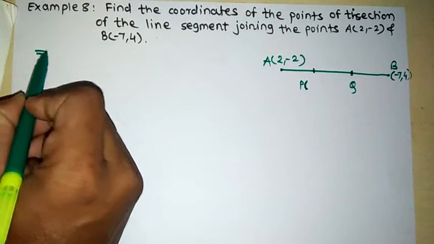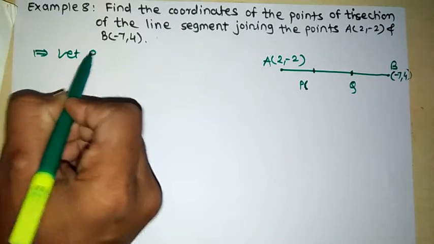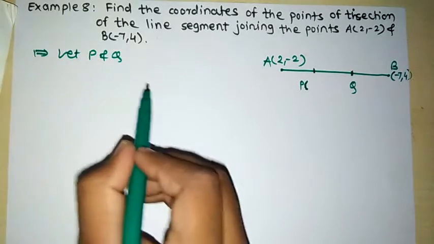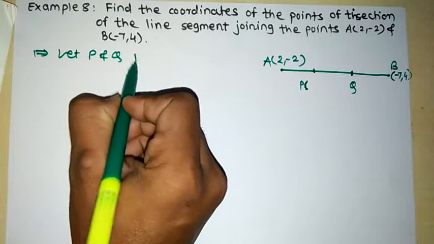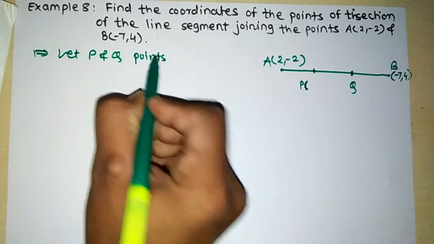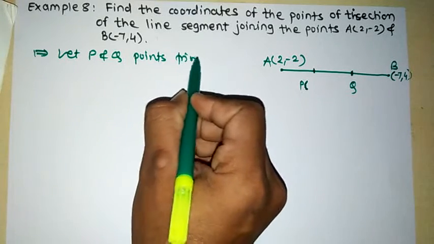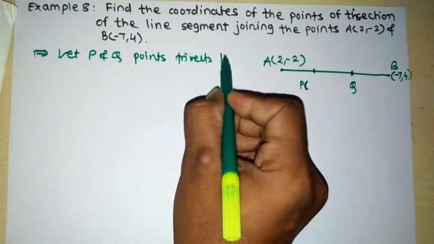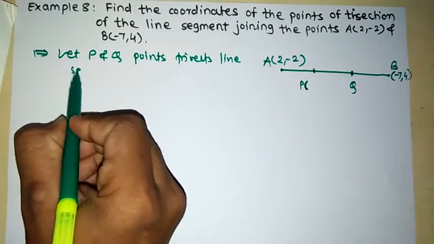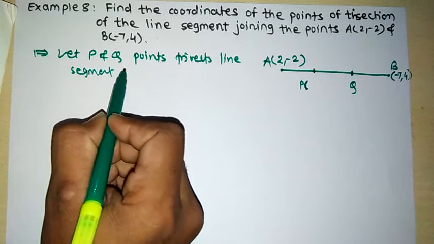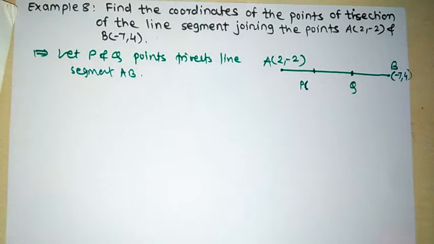See here, let points P and Q trisect line segment AB.